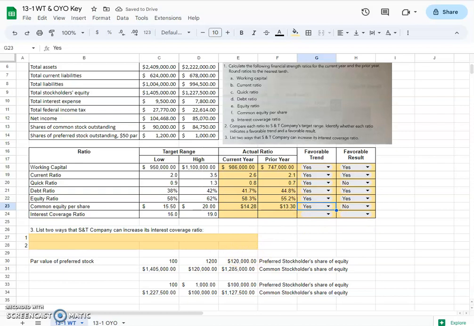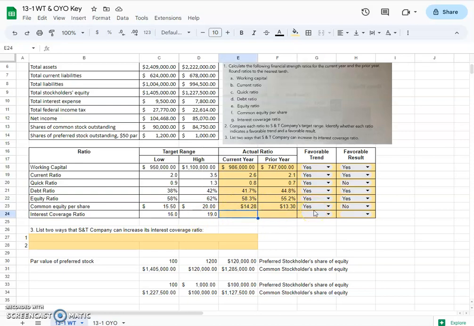Okay, interest coverage ratio. This one again has a little bit more that we have to calculate. So the first thing we need to know is our EBIT, earnings before income taxes. And we can calculate that.